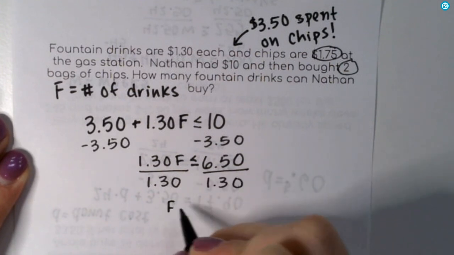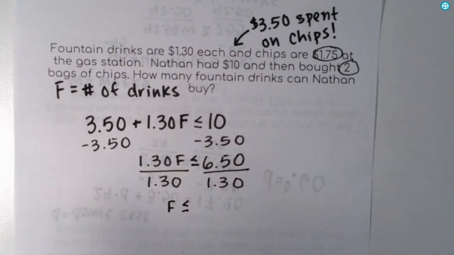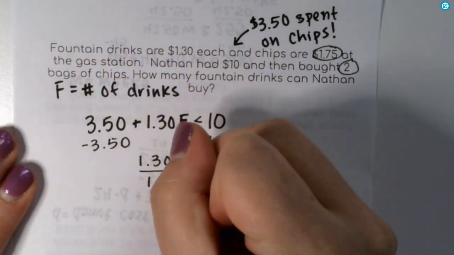And I get that F is less than or equal to 6.50 divided by 1.30. I can't divide decimals in my head. Is 5. So F is less than or equal to 5.